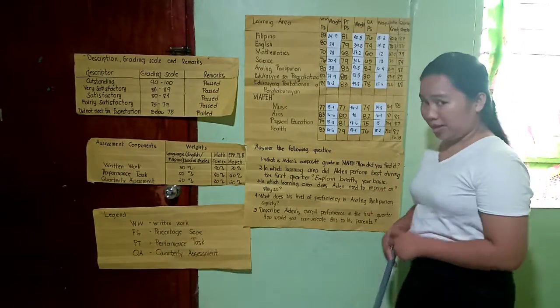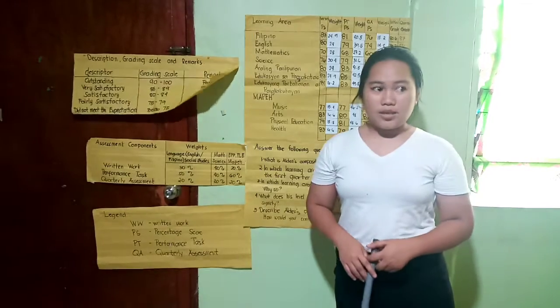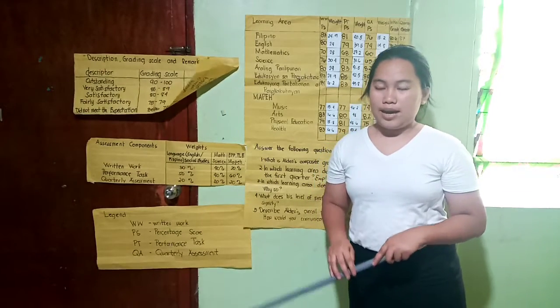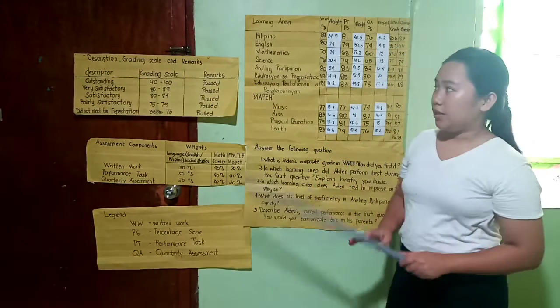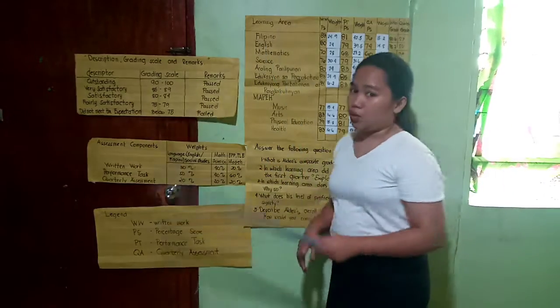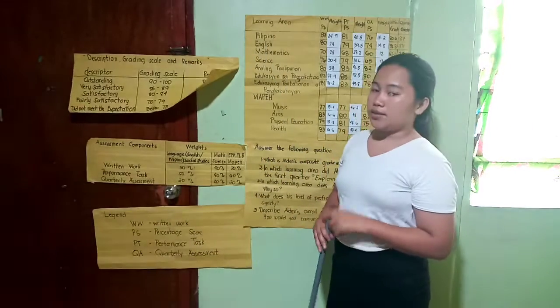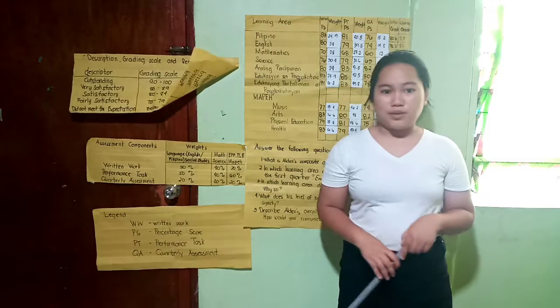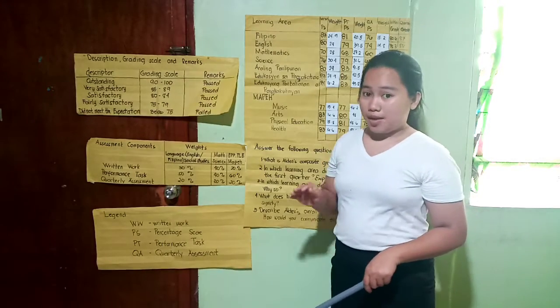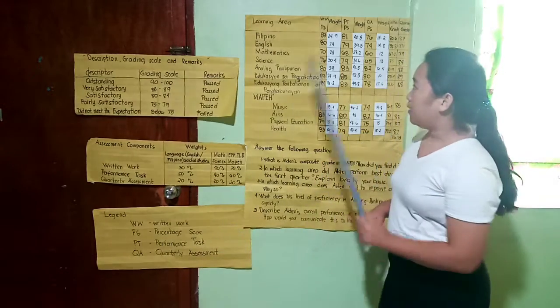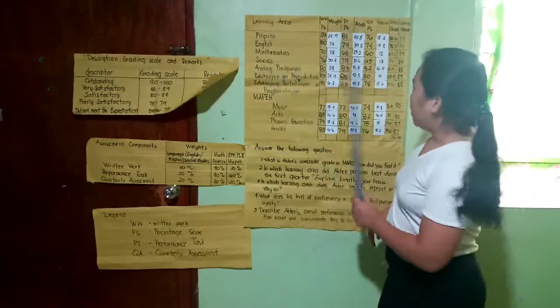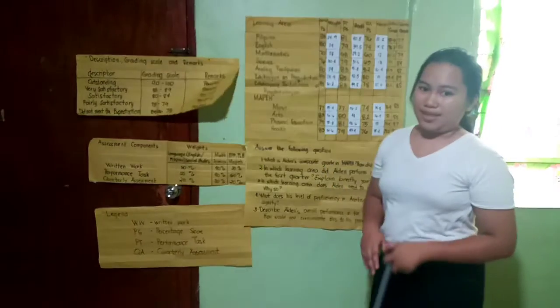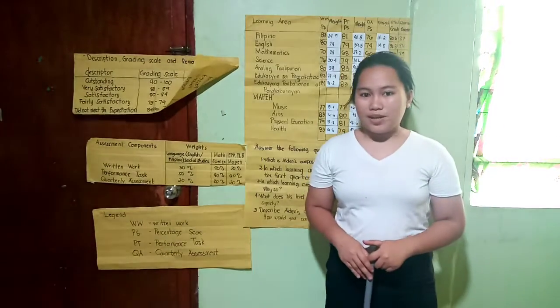So to communicate to his parents, I think they should focus on Alden's learning in mathematics. So they should study more about mathematics, so someday he got a perfect or a highest grade in the learning area of mathematics. So that would be all. Thank you.